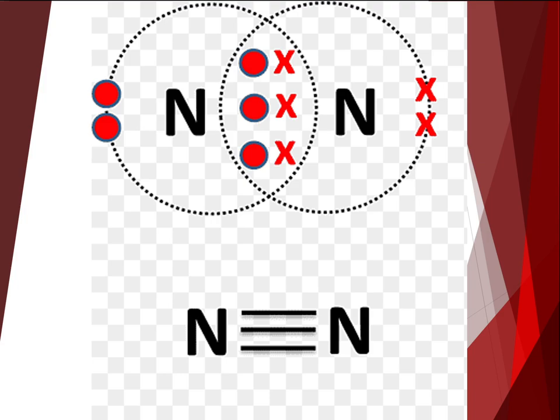A nitrogen atom has 5 valence electrons, so it needs 3 additional electrons to complete its octet. 2 nitrogen atoms can form a nitrogen molecule by sharing 3 pairs of valence electrons in a triple covalent bond. The Lewis structure for the nitrogen molecule shows the triple bond as 3 lines between the individual nitrogen symbols.